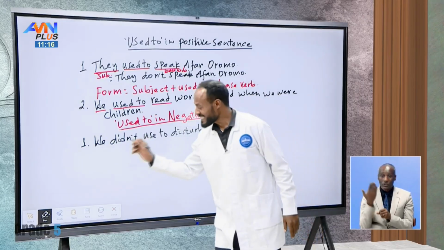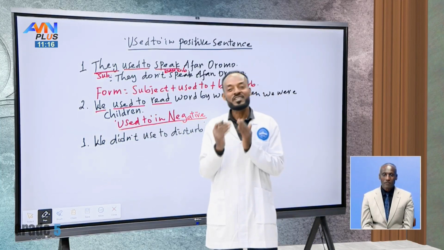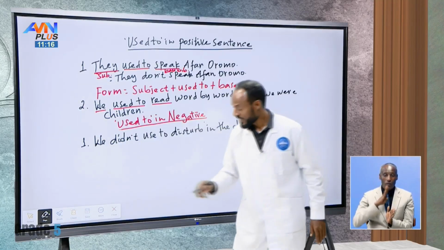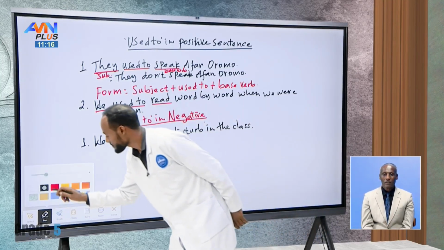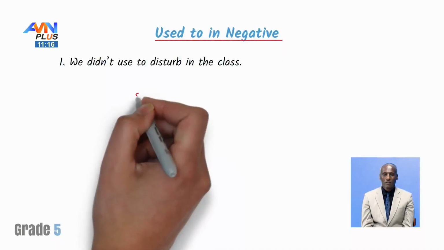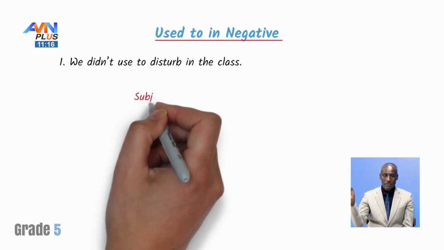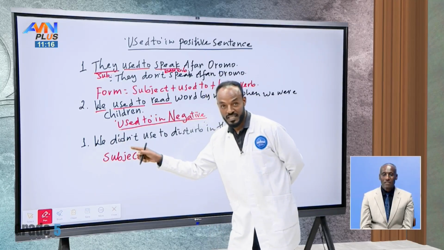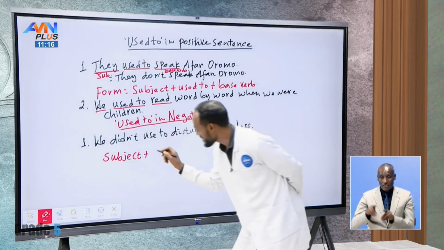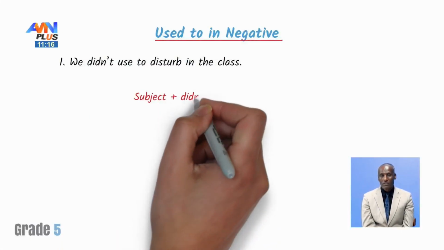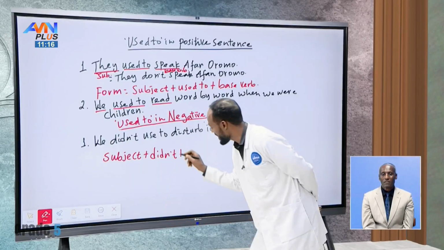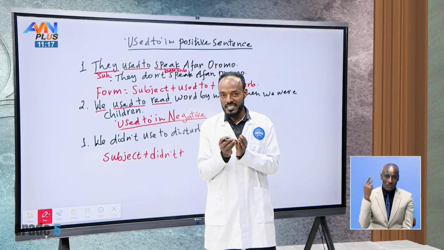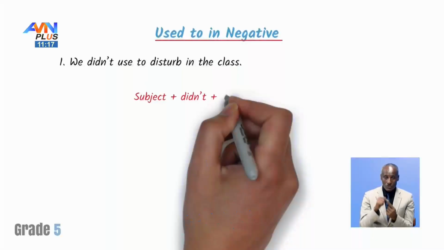Okay? In this sentence, now we can derive the form. What will the form be? Here, the form is subject plus didn't plus used to.